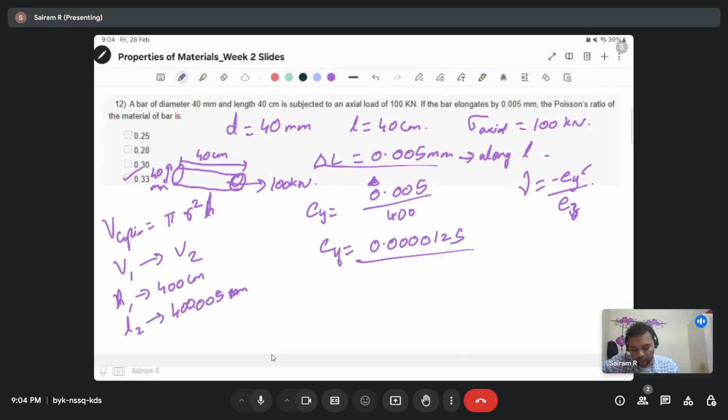We have to find the ratio of V1 by V2 equals, pi gets cancelled, R1 square L1 by R2 square L2. We know V1 by V2 should be 1. So R2 square L2 equals R1 square L1.